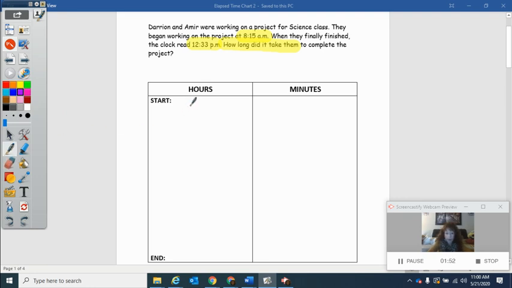So I'm going to write my start time with hours and minutes. I'll use red. So they started at 8:15. And they ended at 12:33.